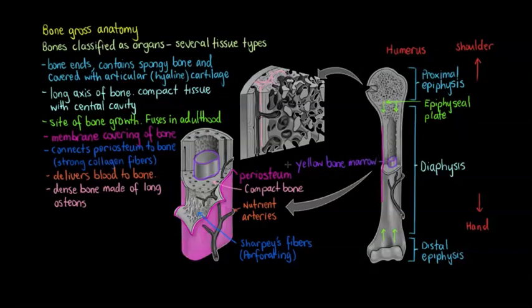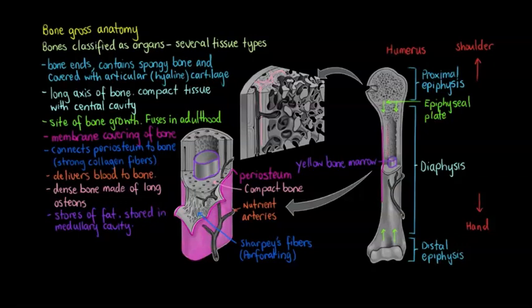Yellow bone marrow is mostly just fat tissue, so it's stored nutrients. There we go, so stores of fat. And another name for that central cavity is the medullary cavity. So if you hear the term medullary cavity, they're talking about that space in between the diaphyses of our long bones.